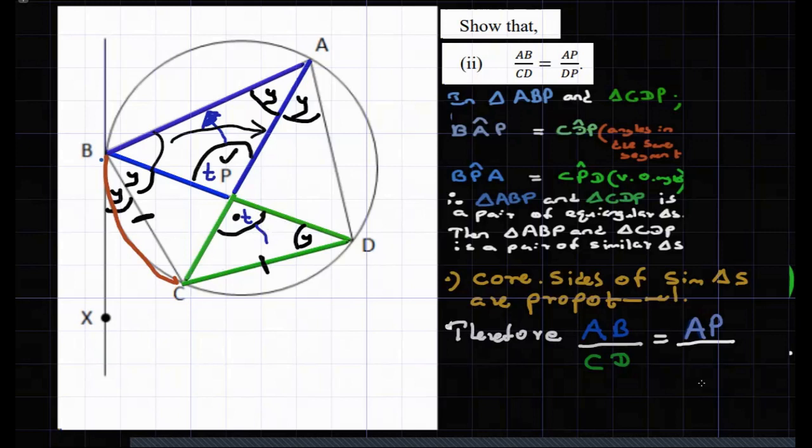So AB is to CD is equal to AP is to... did I write CD? It's not CD. Sorry, my bad. What's in front of the empty angle? What's this side's name? DP. Sorry, my bad. So I should write AP is to DP. What's the reason? We have already written the reason why corresponding sides of similar triangles are proportional. All right, so we have done Roman 2, completed.